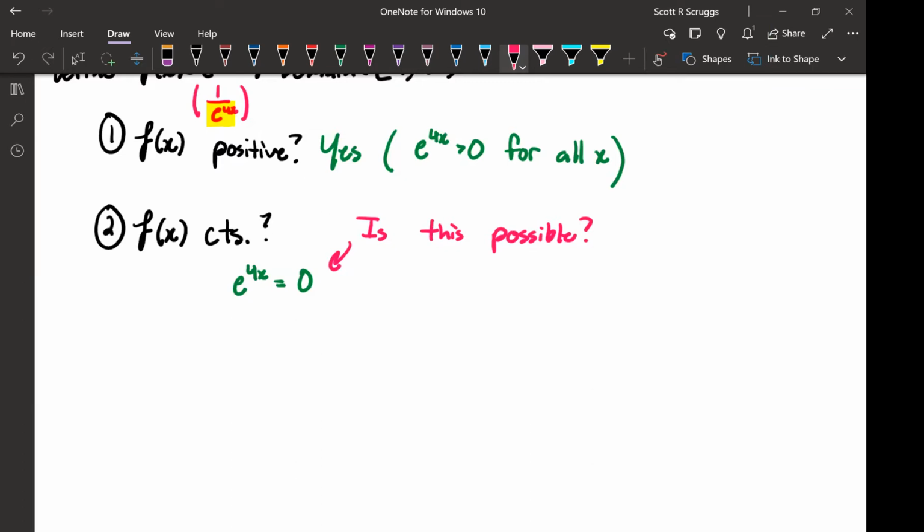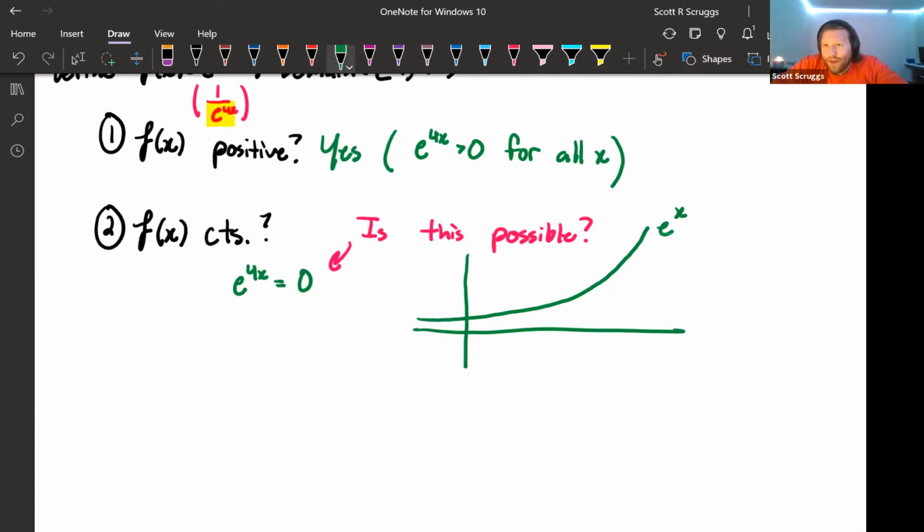No. Recall that for an exponential function, my domain is any real number I could think of, and my range, or my possible outputs, is any positive number, where 0 cannot be a possibility.